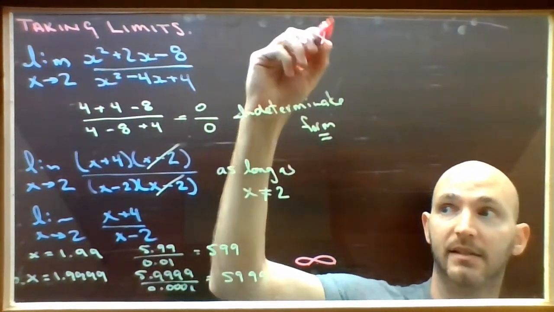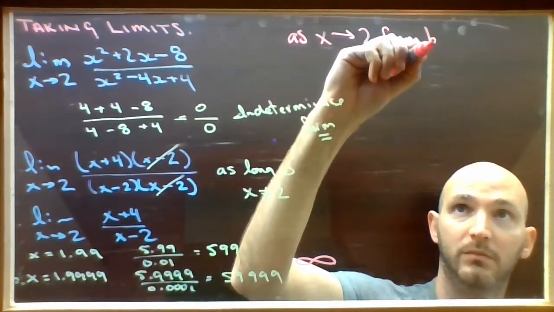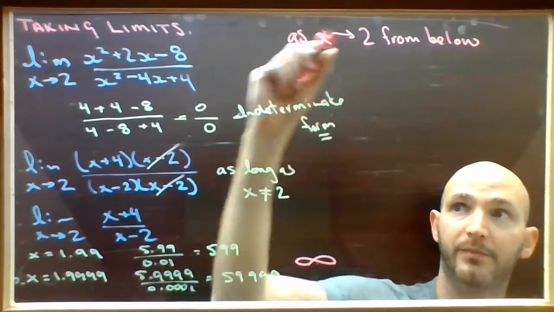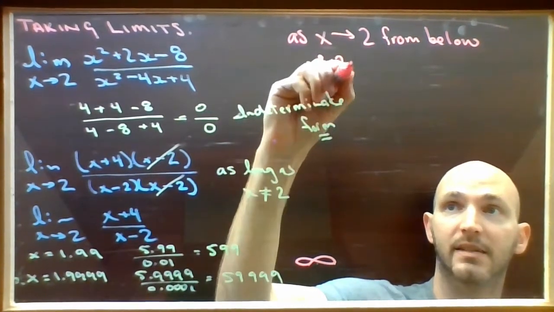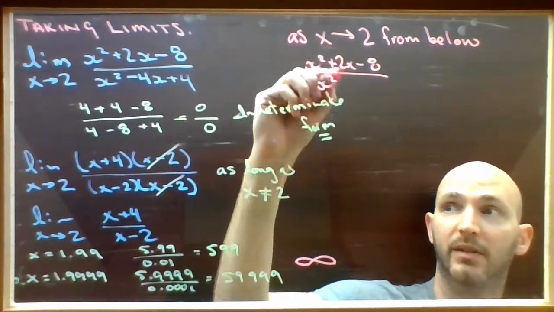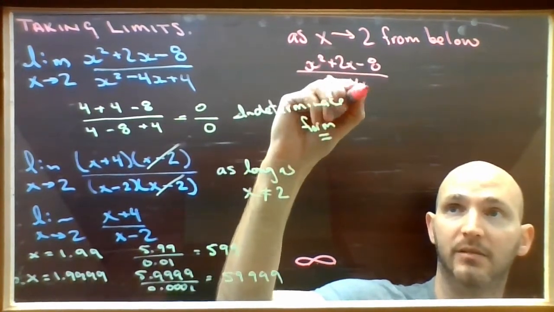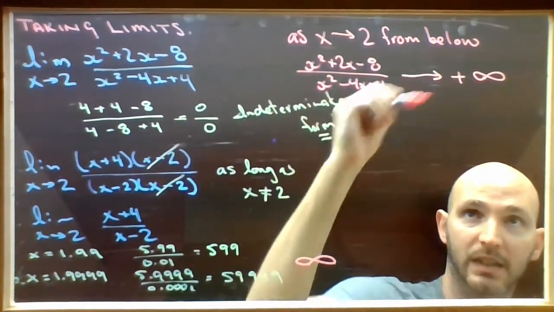As x approaches 2 from below, x squared plus 2x minus 8 over x squared minus 4x plus 4 approaches positive infinity.